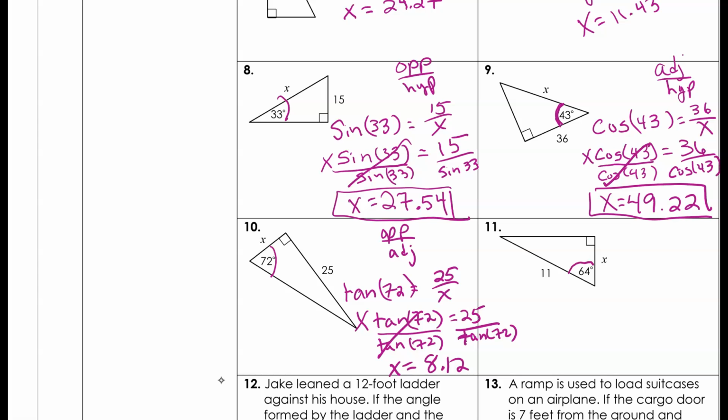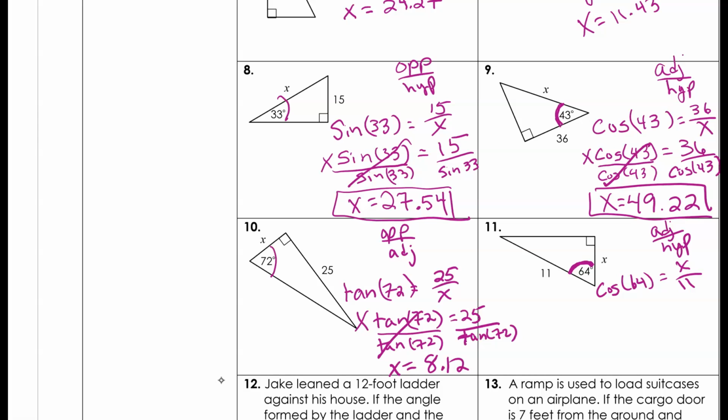Here I'm dealing with the angle 64. I'm dealing with adjacent over hypotenuse. So I'm dealing with the cosine of 64 degrees is equal to my adjacent. I don't know my hypotenuse. I do know that's 11.